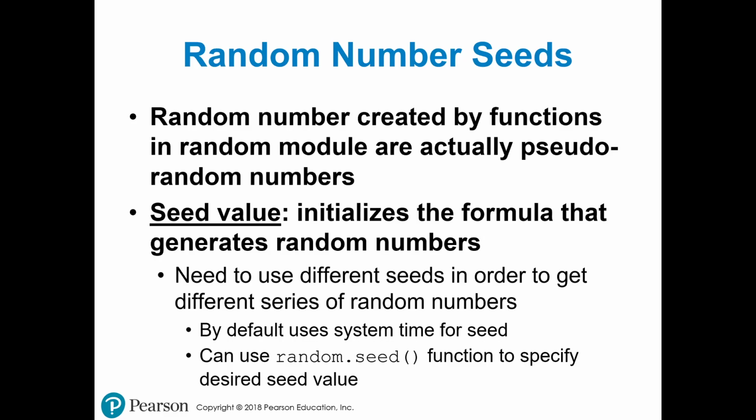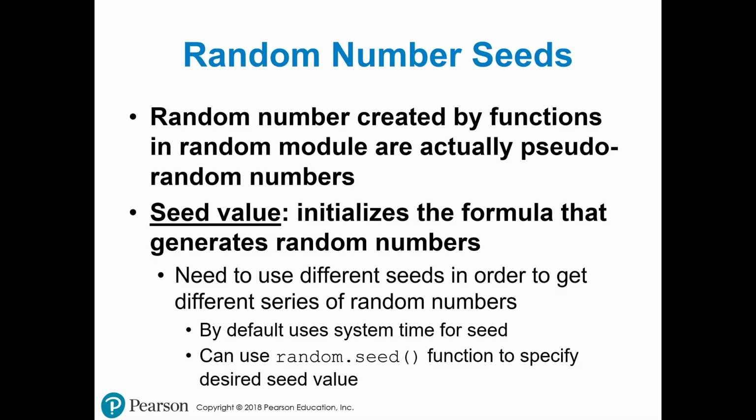Let's say, for example, you want to generate the same sequence of random numbers every single time. You can specify the seed, and it will generate the same sequence of random numbers every time because it always starts from the same seed value. It seems a little bit odd, but there are uses for this.